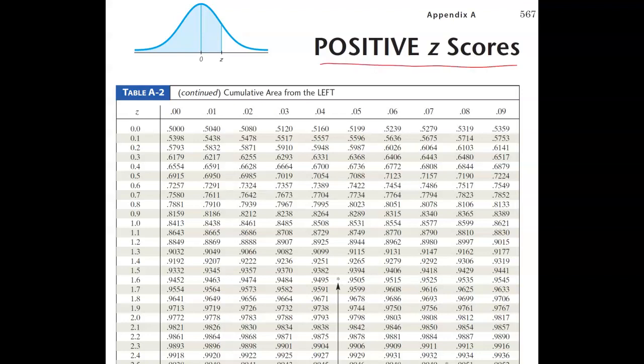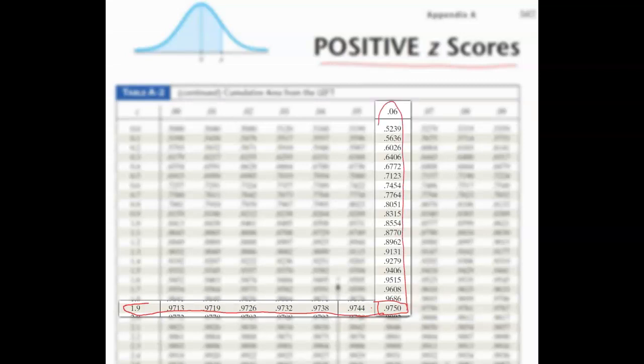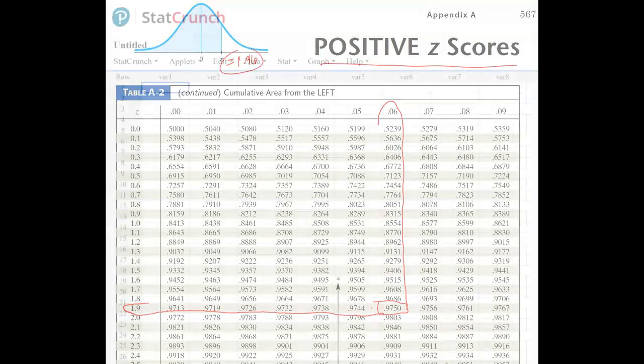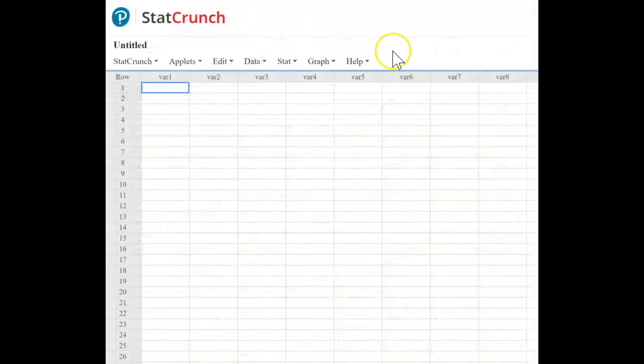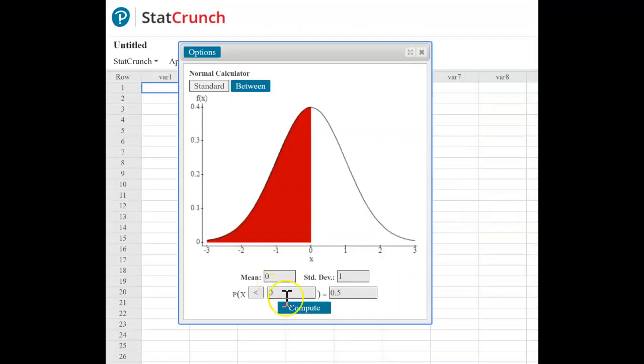The areas are located in the middle of the table. Once we found the area 0.975, then we go to the left for the first 2 digits of the z-score, 1.9, and then go up for the second digit. The z-score that separates 0.975 on the left is 1.96.